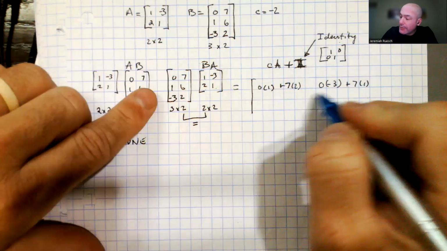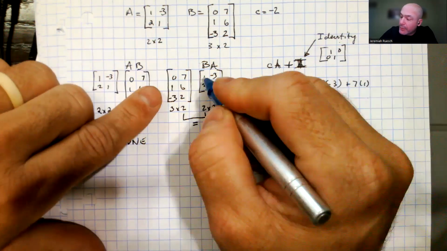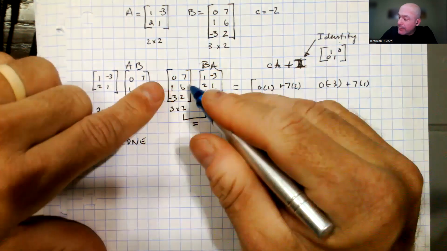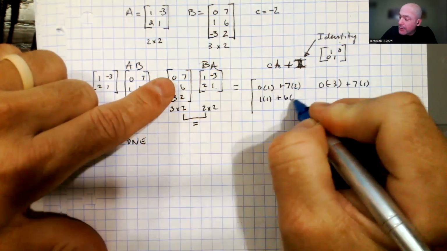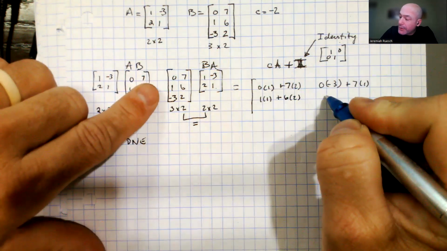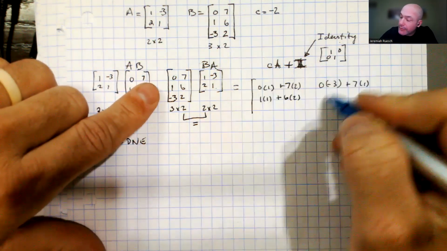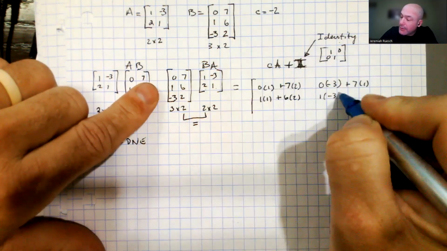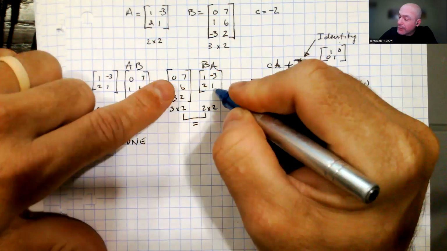That'll be the first row, and the second row will be 1 times 1 plus 6 times 2. Then the first element of the next row is going to be 1 times -3 plus 6 times 1.